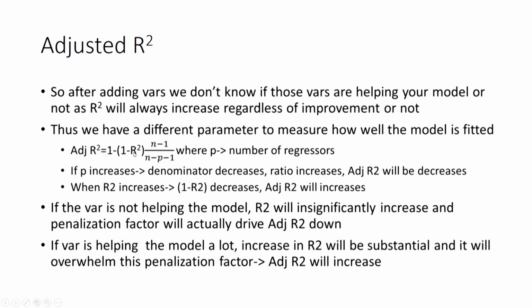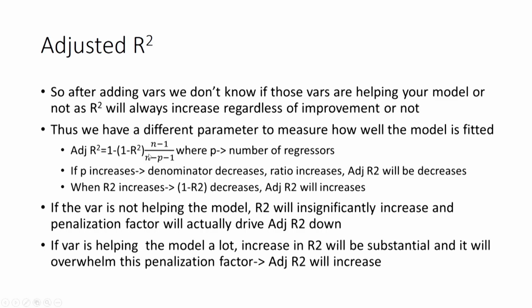So, what happens when we are adding any new variable, if that is not important? Our adjusted r square will decrease because we added one more variable. R square will definitely increase, but it will not increase that much because that variable is not important.